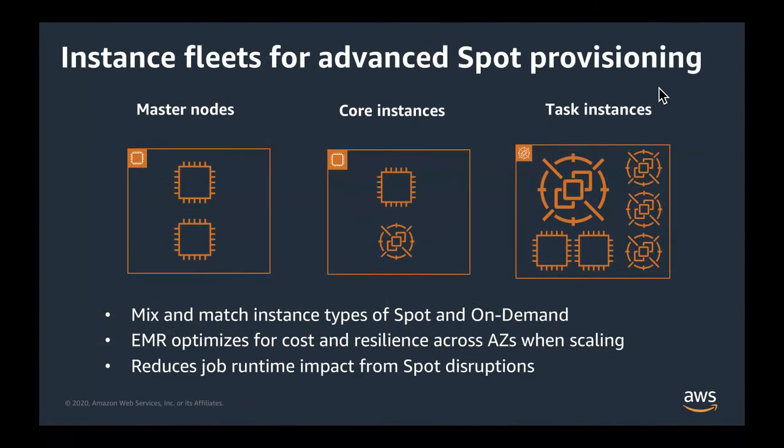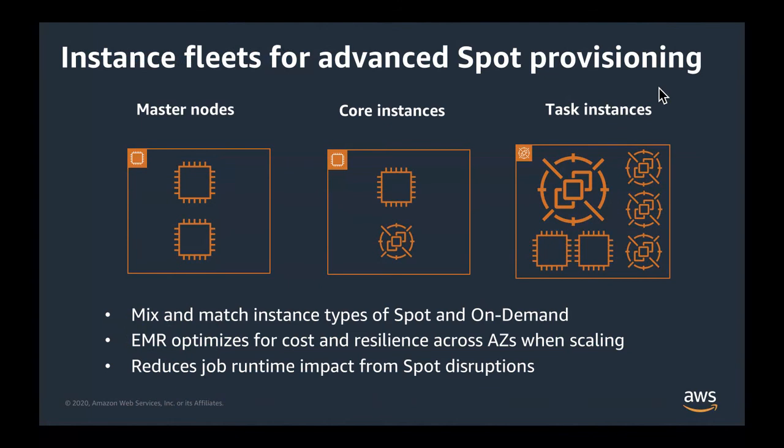So let's talk about instance fleet now, because EMR offers you the chance to either pick a uniform instance group or instance fleet. A uniform instance group lets you pick only one instance type. You can have multiple instance groups for sure, but it's not a fleet with multiple instance types. So instance fleet really gives you the chance to have true Spot diversification.